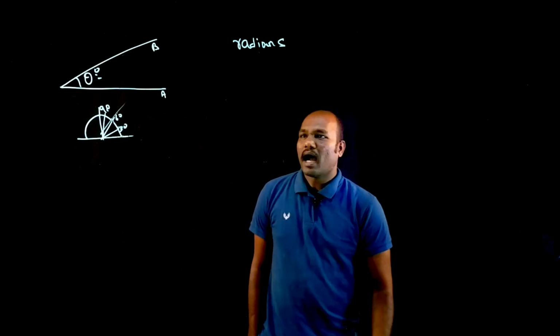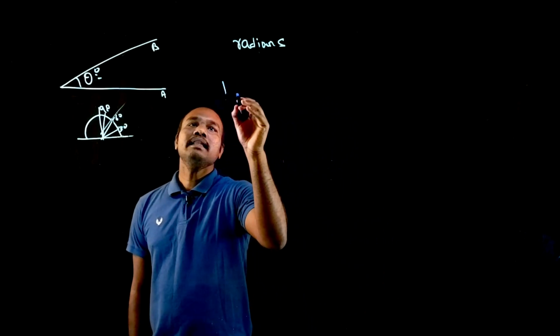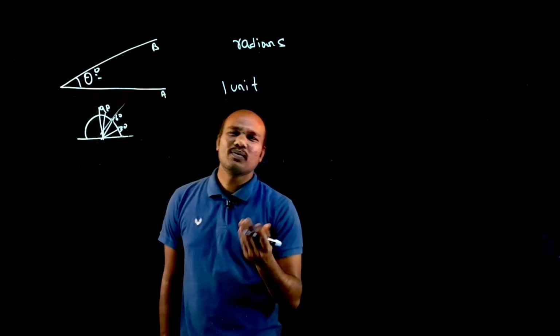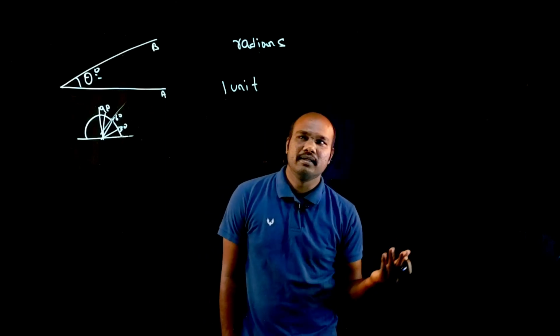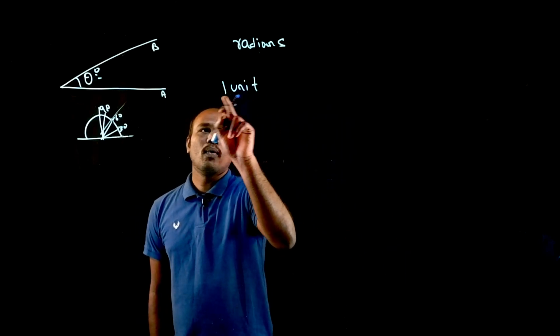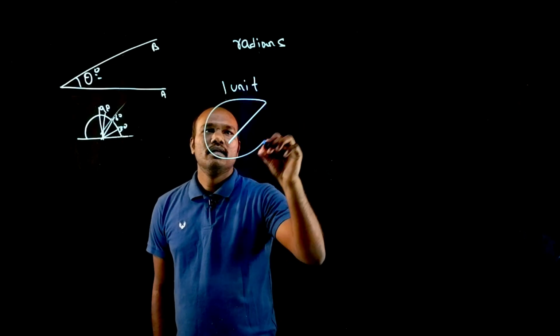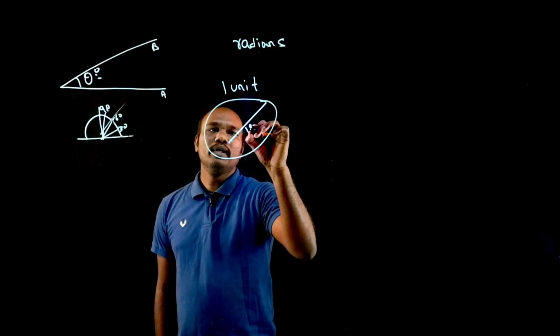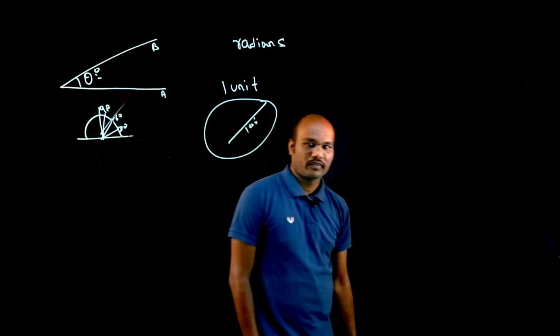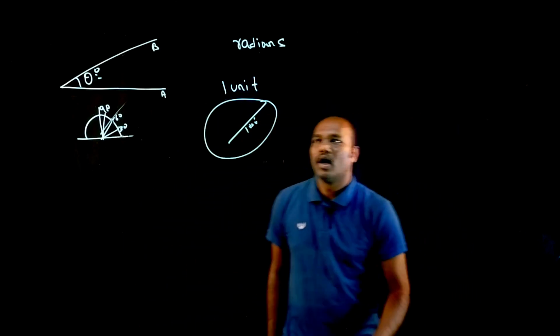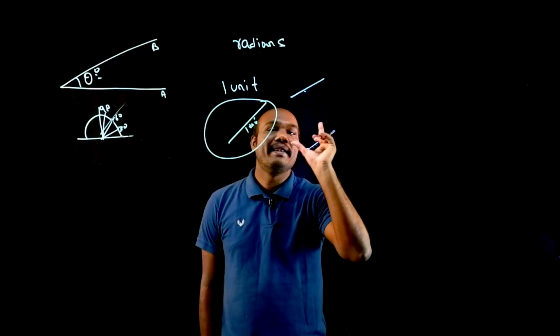See here, I take 1 unit. 1 unit means 1 centimeter, 1 meter, anything. I take a circle of 1 unit radius. How much is this radius? 1 unit.